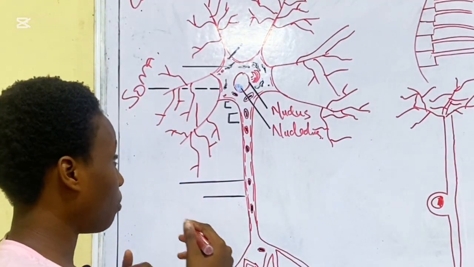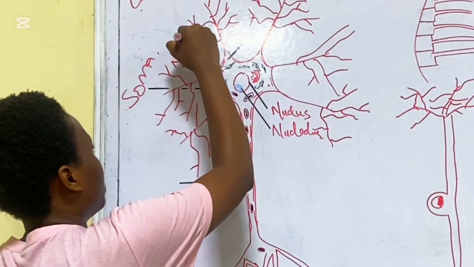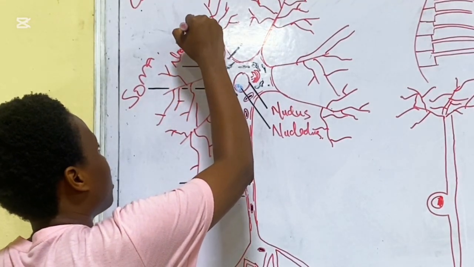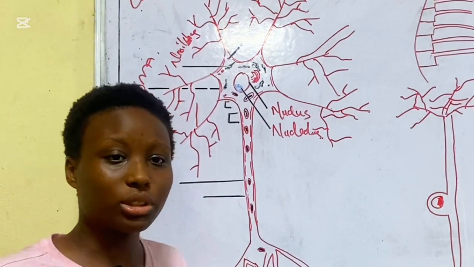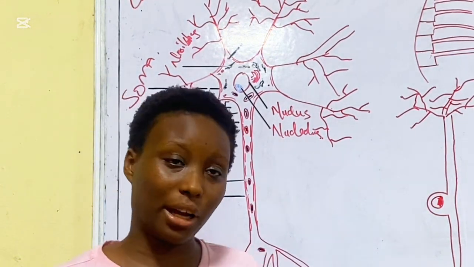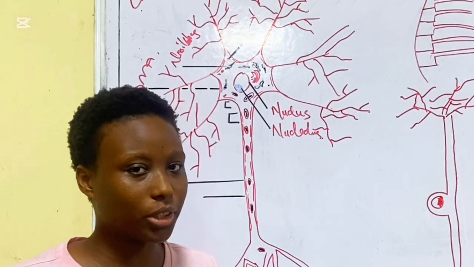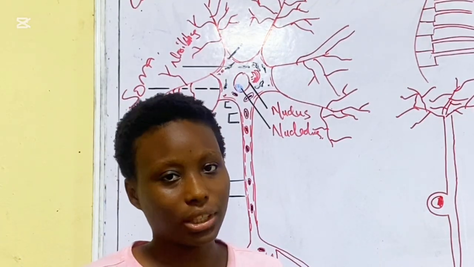Another organelle in the soma is the Nissl bodies. Now, the Nissl bodies are a combination of the endoplasmic reticulum and some polyribosomes. Now, endoplasmic reticulum, if you remember from the very first video, functions in protein synthesis.